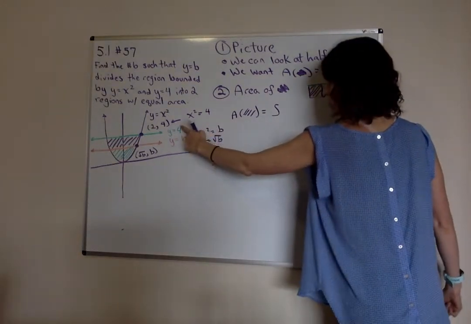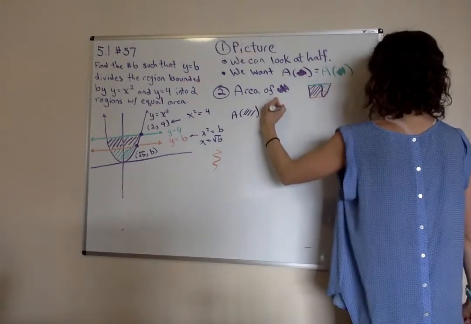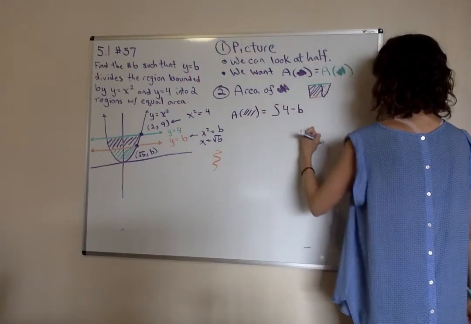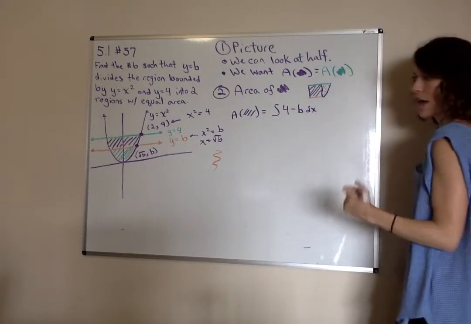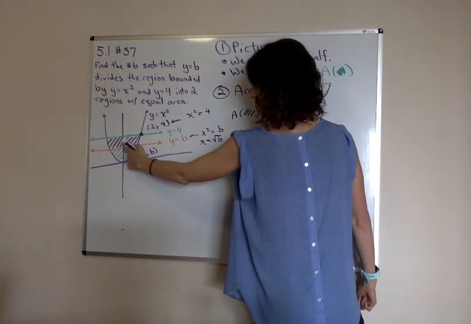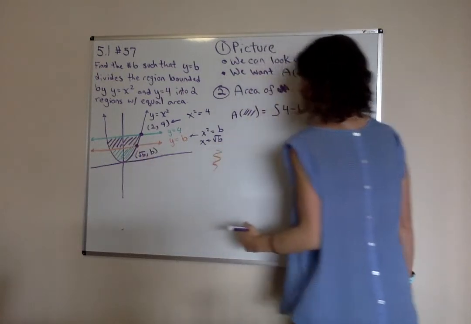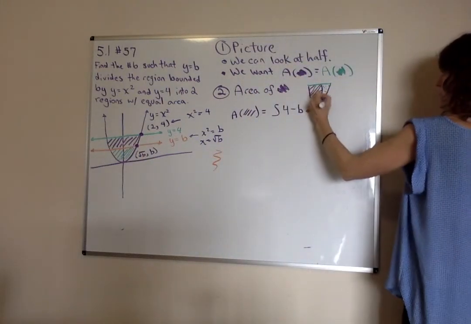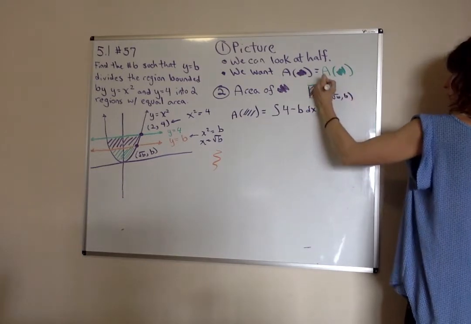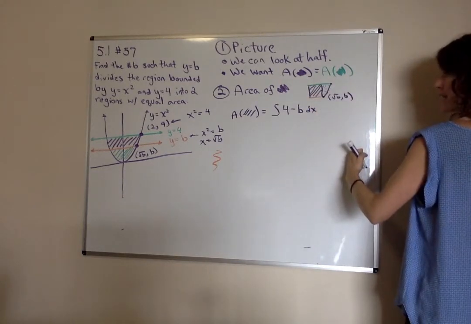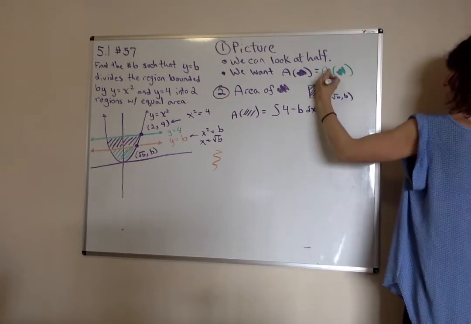So we do the top minus the bottom, that's going to be 4 minus b. We're integrating with respect to x. So x here is going between 0 and square root of b, because this right endpoint here is root b. This top endpoint here is (2, 4).